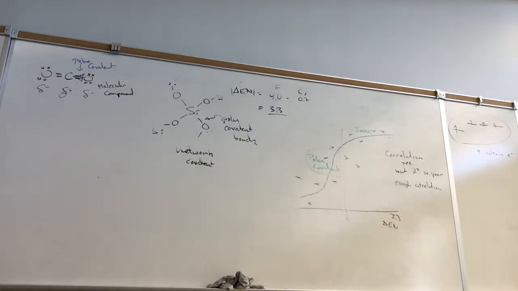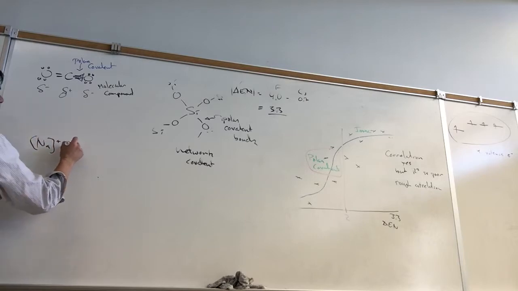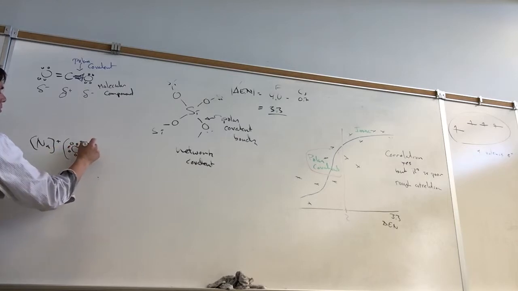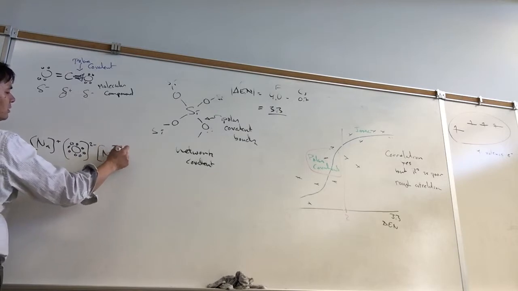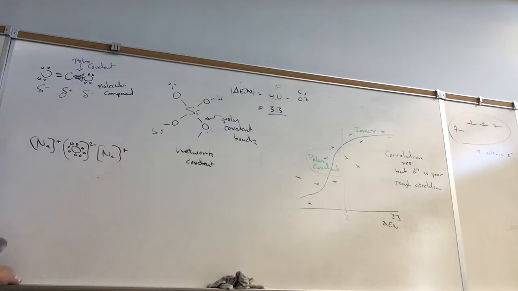When we get to delta EN's greater than 2, then we're going to have ionic bonds. For example, sodium oxide. Here, the sodiums are going to lose the electrons to oxygen. It's going to go 2 minus. So this would be 1 unit, and what we'd form is a lattice, like this.